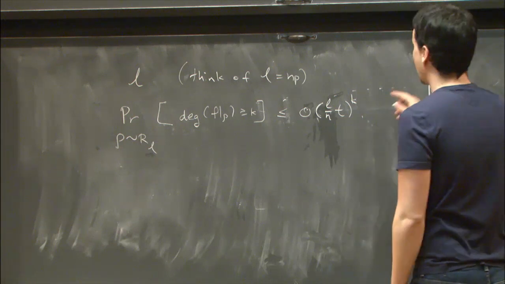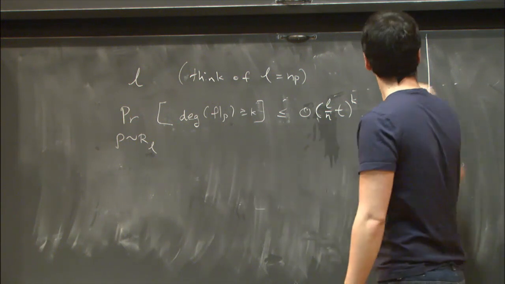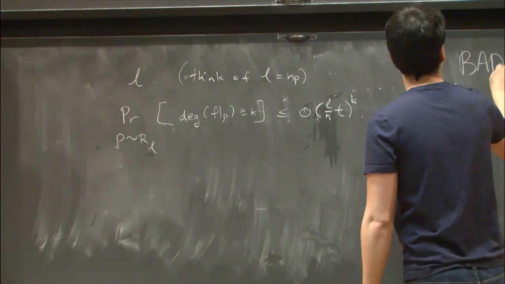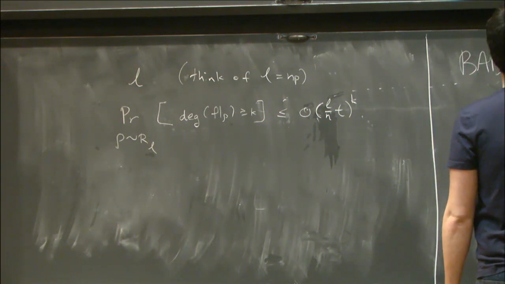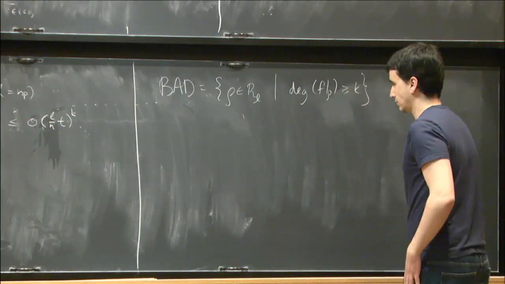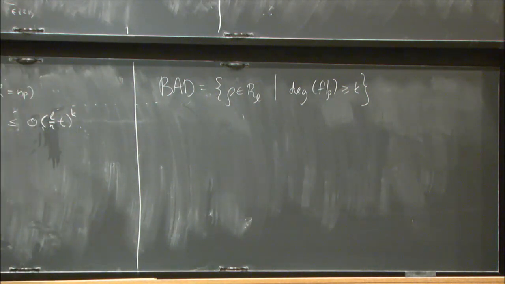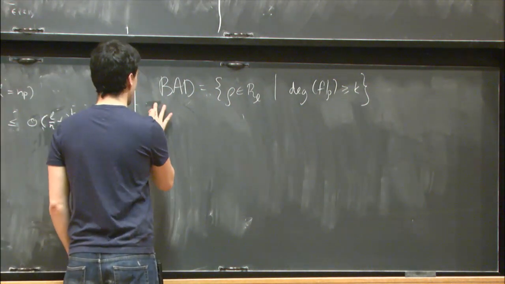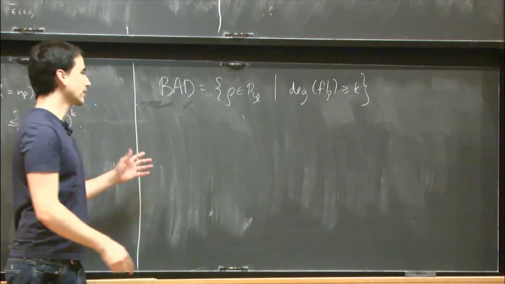So first, let's define a bad restriction as simply a restriction for which this condition holds. So these are all restrictions such that the degree is big. The general way to prove this kind of result, there are two methods.